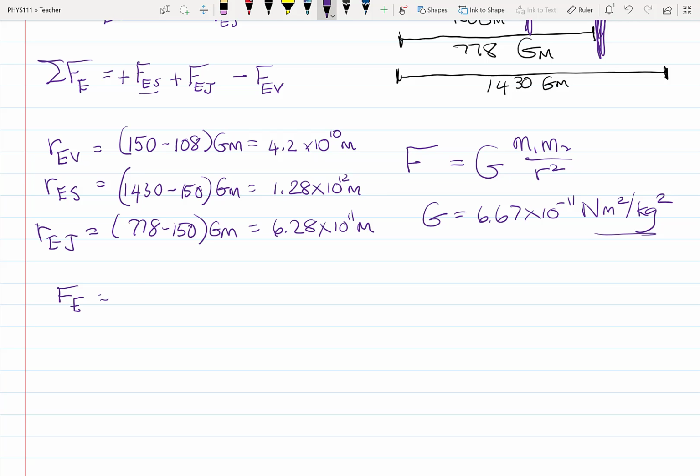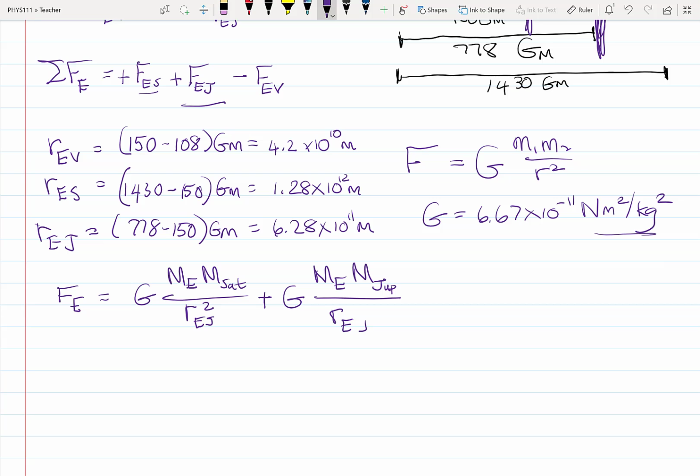That's equal to big G, mass of the Earth, times mass of Saturn, divided by the distance between the Earth and Saturn squared, plus big G, mass of the Earth, now it's Jupiter, mass of Jupiter, divided by the distance between the Earth and Jupiter squared, and then minus big G, mass of the Earth, times mass of Venus, divided by the distance between the Earth and Venus squared, and we're good to go.